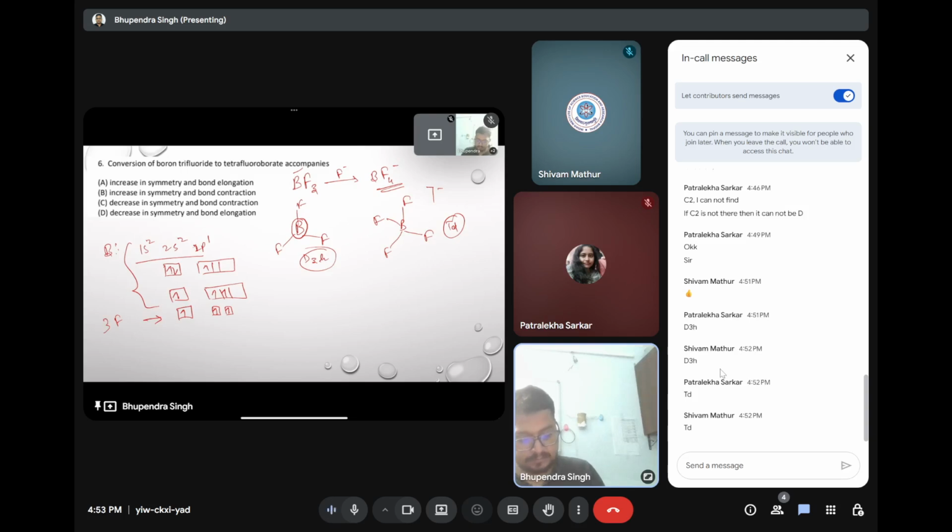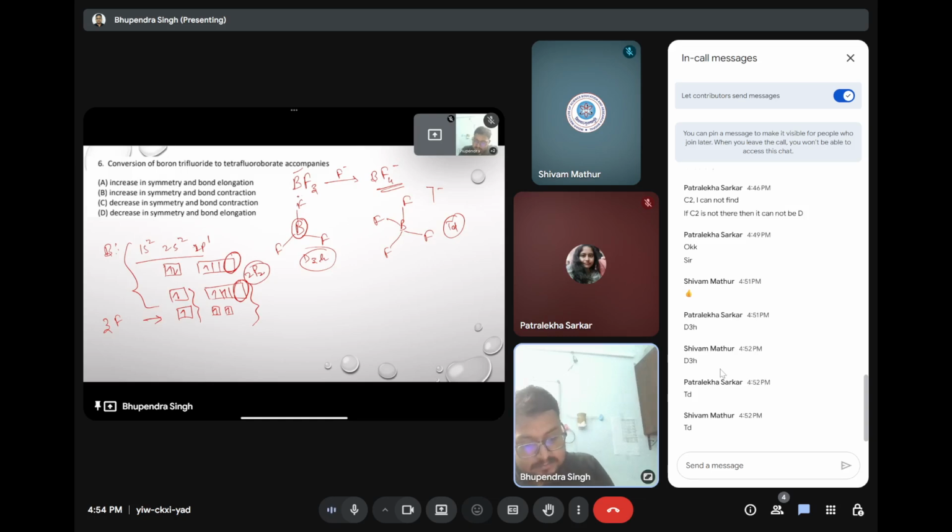So 3 fluorine will make the bond. Now this orbital is vacant, right? 2pz.